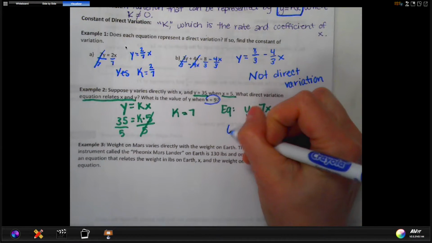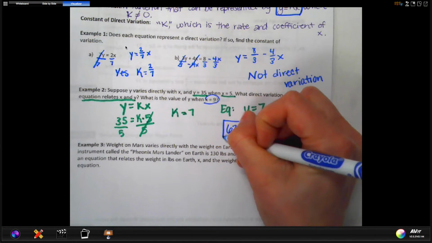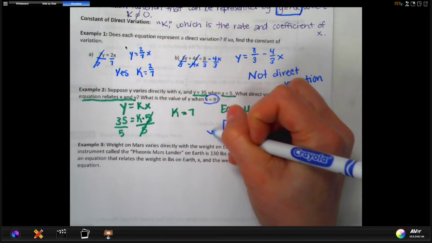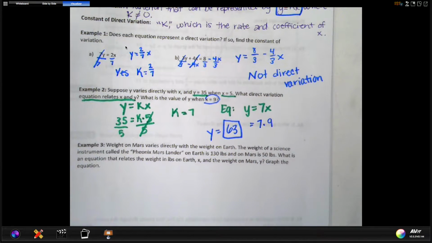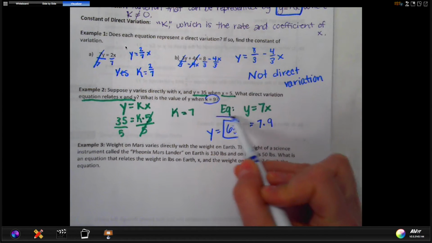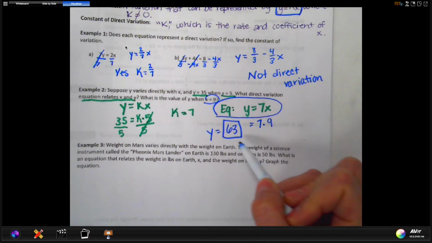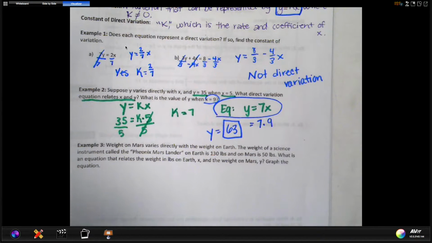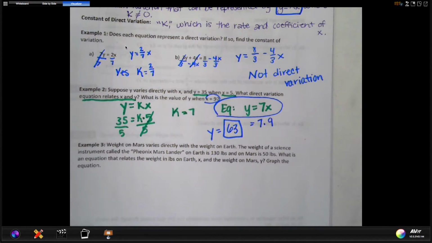So the value of y when x is 9, y equals 63. That's our second part of our answer. Okay, so on a test, they give 2 questions really in one, right? The equation is your first answer, and then when you substitute in to get an answer, that's your second answer.